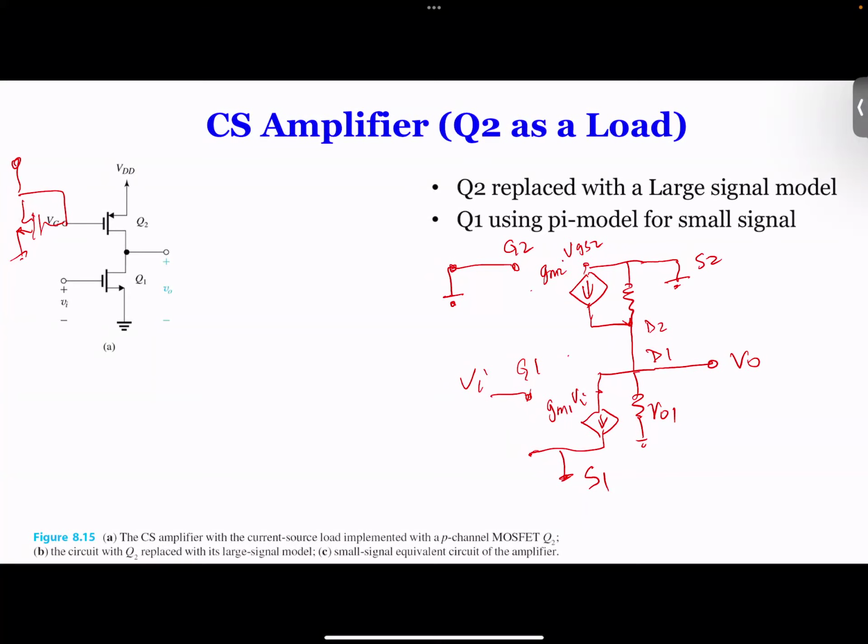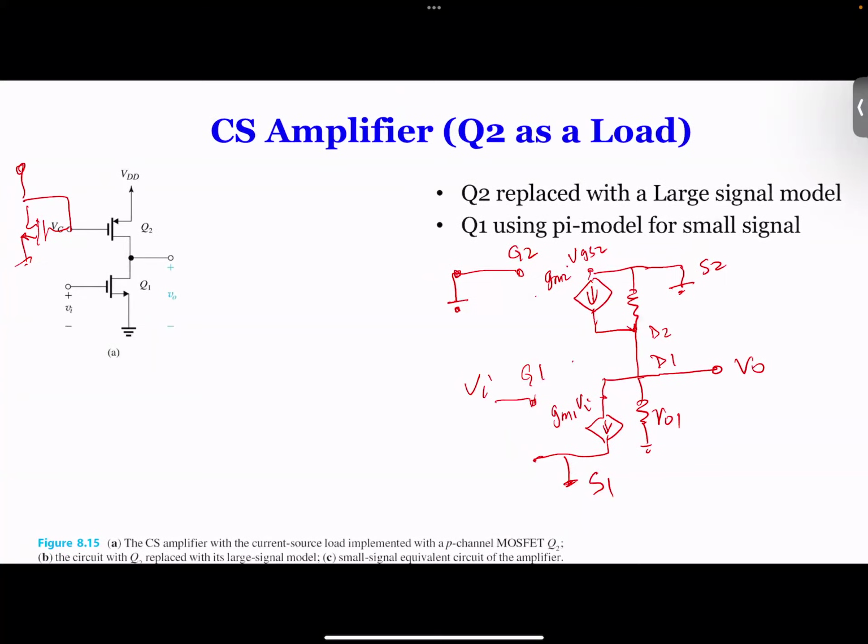And vgs2 on the original circuit is, because VG is grounded and the source is also grounded, VDD and VG.